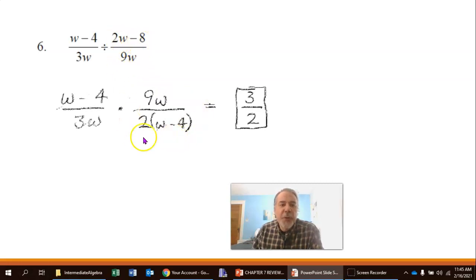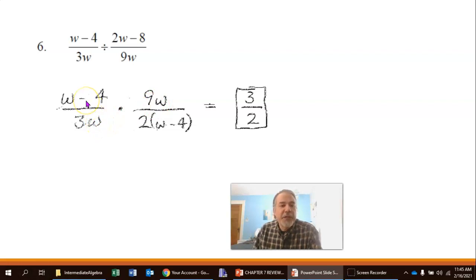Now that 2w minus 8 can be factored because we can pull out the common factor of 2 and write it as 2 times w minus 4. The only other thing we can really factor is the 9w. 9 would be 3 times 3. So one of those 3's can cancel with the 3 on the bottom. The w on top can cancel with the w on the bottom.